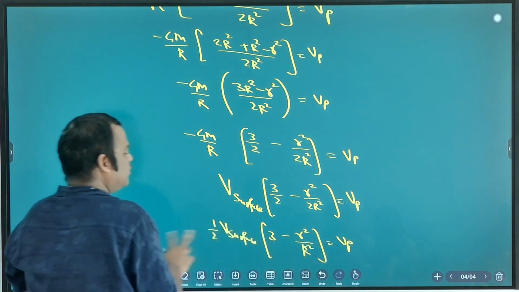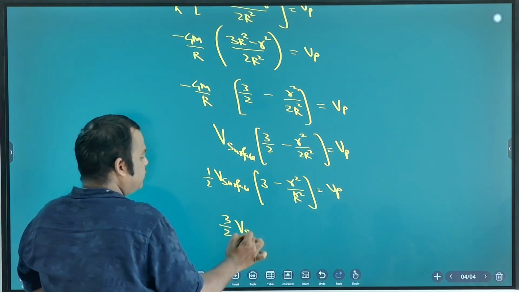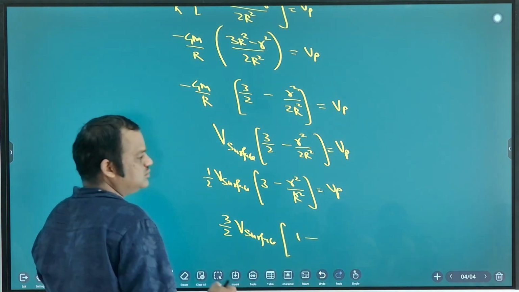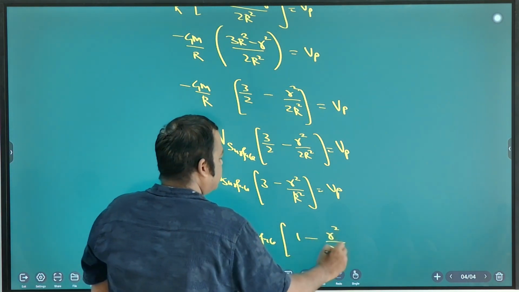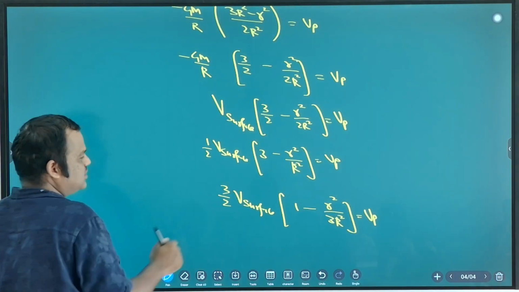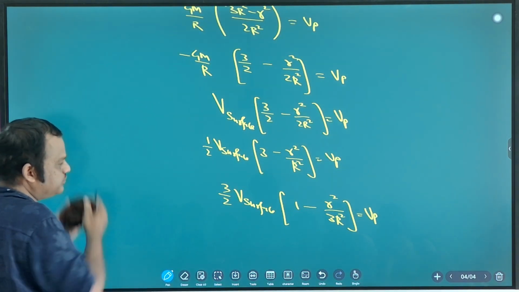Now take 3 also common. So what you get? 3 by 2 potential of surface into 1 minus small r square by 3R square. This is the formula for Vp. Note down.